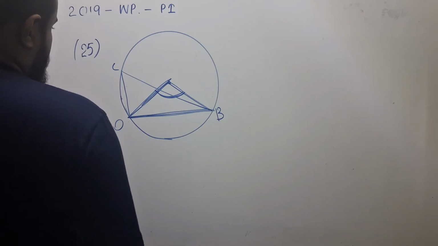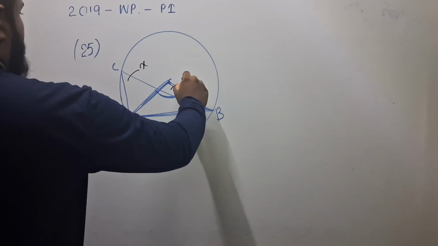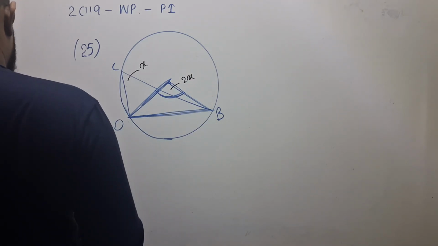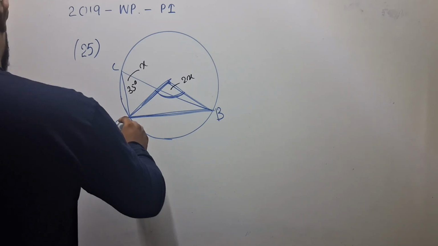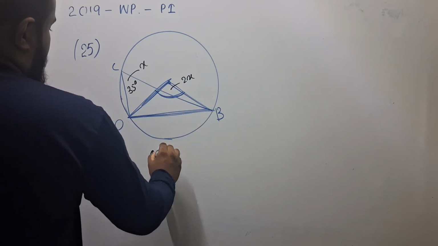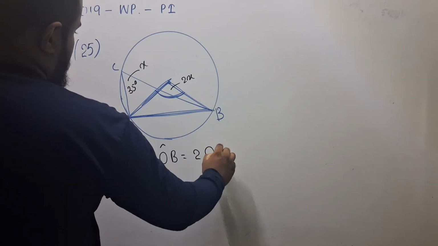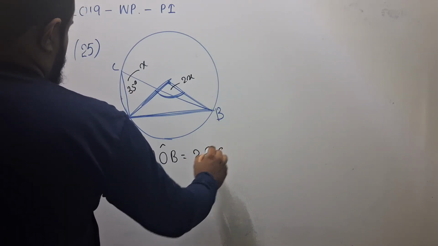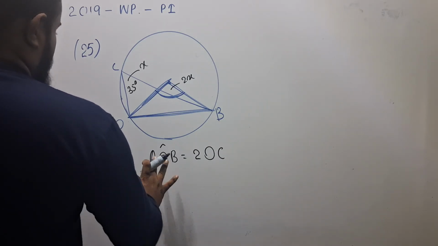So what is the relationship between them? If this is x, this is 2x. So the given value is 35 degrees. So they are asking AOB. You can write AOB angle is 2 times OCB. They are asking OAB, not AOB.